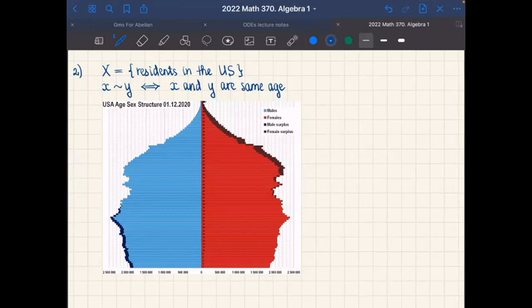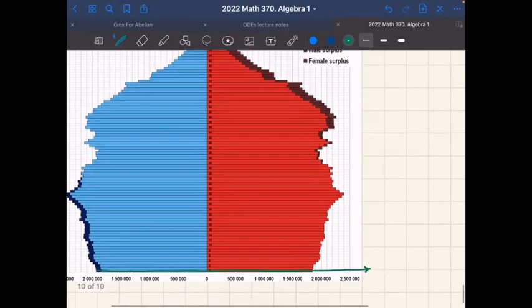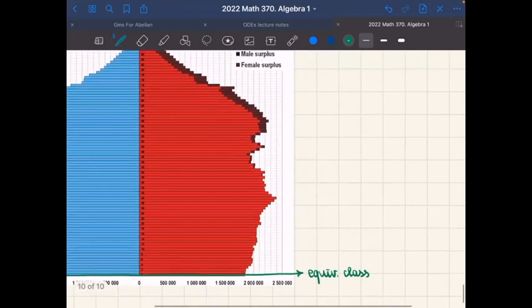And the equivalence classes are given by numbers. So here, each horizontal line gives one equivalence class. So this is an equivalence class of all residents aged 0 years. I can call it X0.